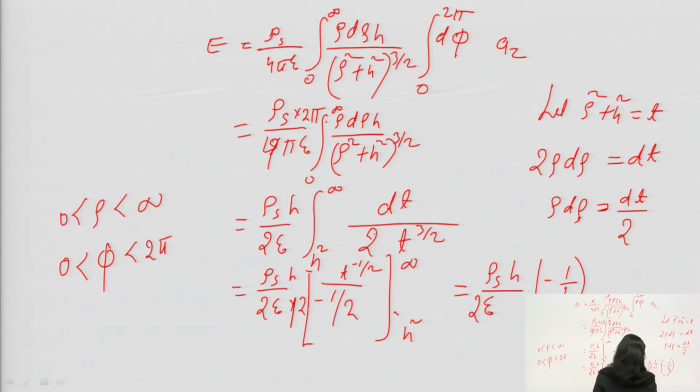One h will also come. Now this h and this h and one minus, this minus will go that side, then both minus will cancel out, and finally we will get the value of E as rho s by 2 epsilon Az.